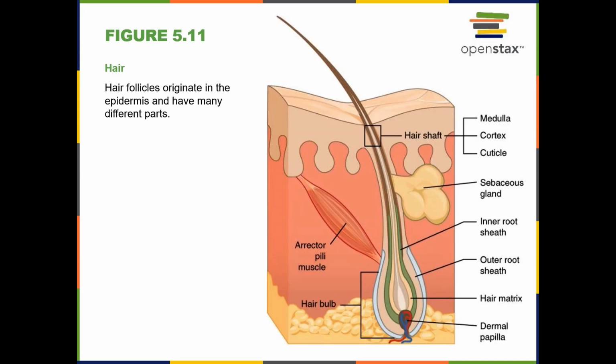The deep enlargement of the hair follicle is called the hair bulb, and within the hair bulb is a layer of mitotically active basal cells, epithelial cells, called the hair matrix, that divide and differentiate in order to produce the epithelial cells that make large amounts of keratin, fill with keratin, and die and produce the structure of the hair.